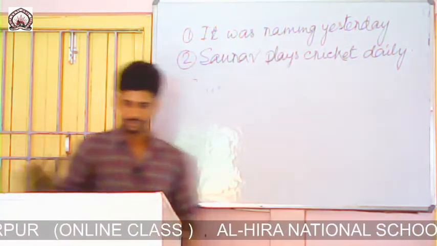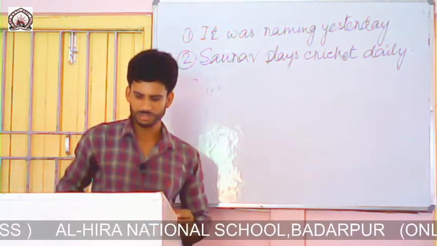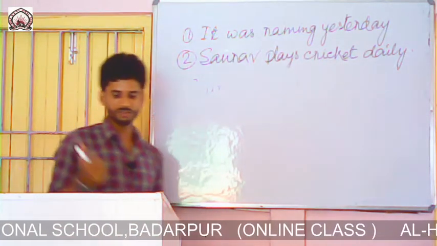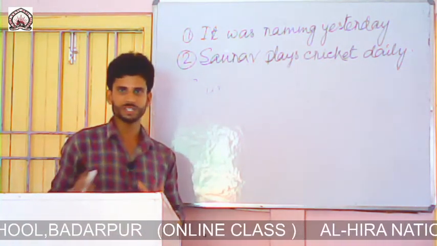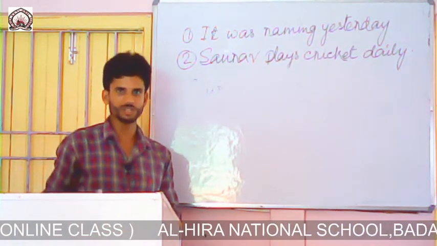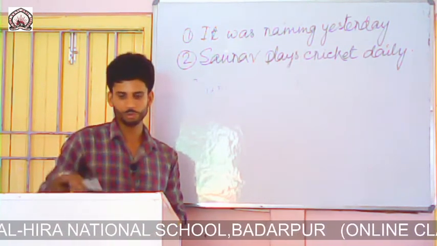Then sentence number 3. I am writing sentence number 3. I am not going to solve each and every sentence. You will solve, and then we shall check whether you are doing the sentences or solving those correctly or not.